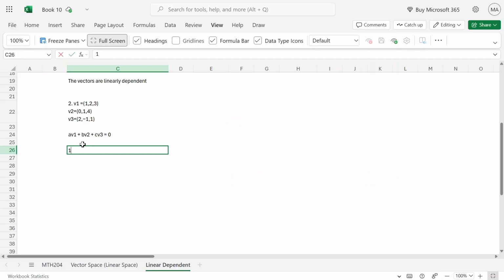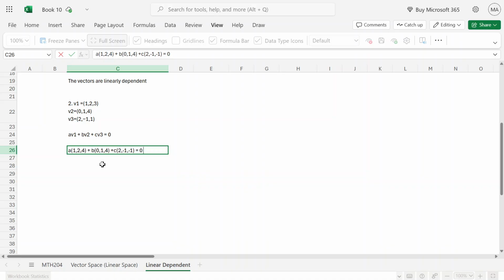Now you can rewrite as a times (1, 2, 3) plus b times (0, 1, 4) plus c times (2, -1, -1) equals (0, 0, 0). You can just write 0 here or 0, 0, 0.